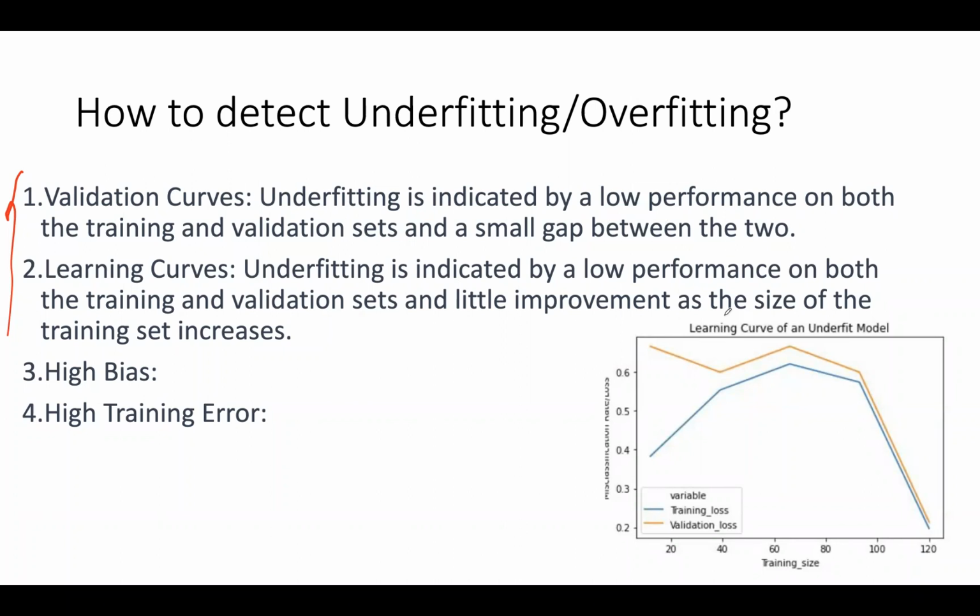Again, when we have high bias, high bias models have a strong assumption about the relationship between the feature variables and target variables. This can lead to underfitting if the assumption is not correct. Again, high training error: a model with high training error has a poor fit to the training data, which might be indicative of underfitting.